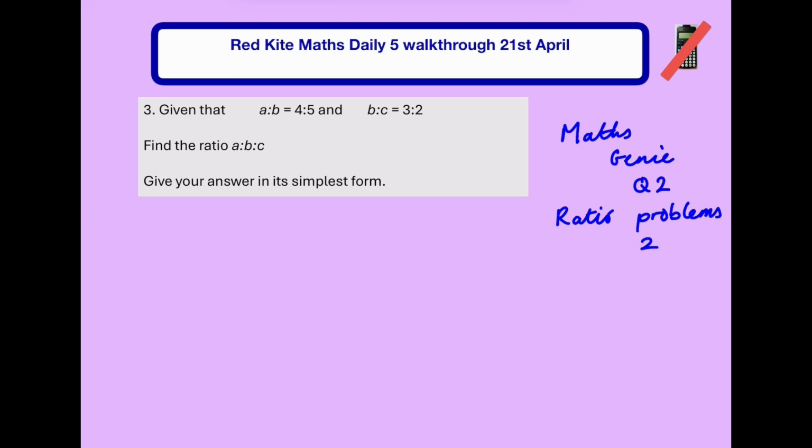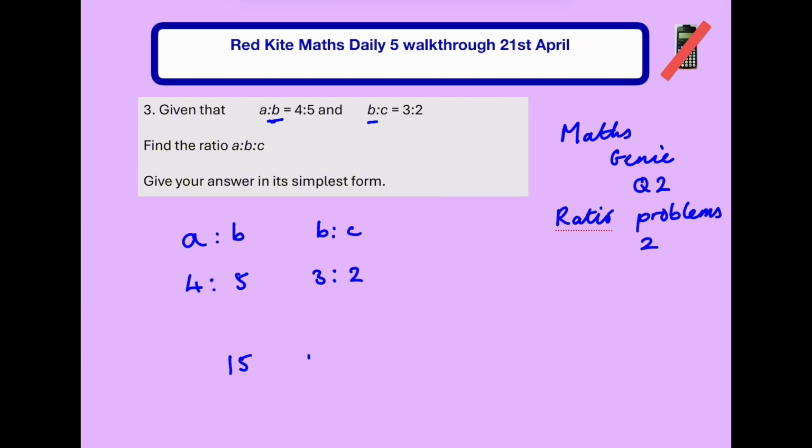So let's write out what we have. We have A to B and we have B to C. Now we need to make B's the same. So if I write the numbers down, 4 to 5 and then 3 to 2, we need to make B the same. So I'm going to times my 5 and 3 to make 15.